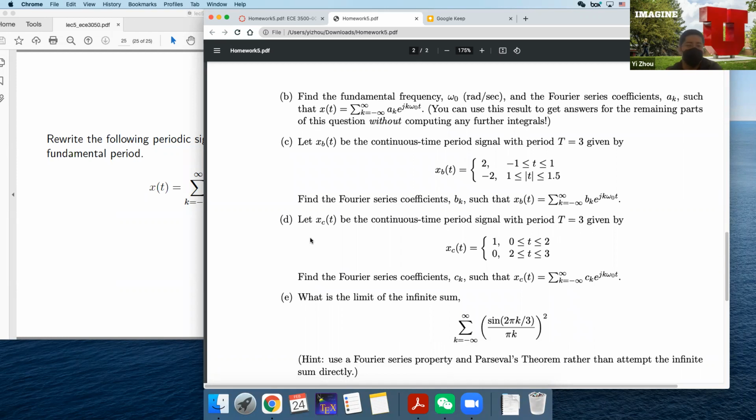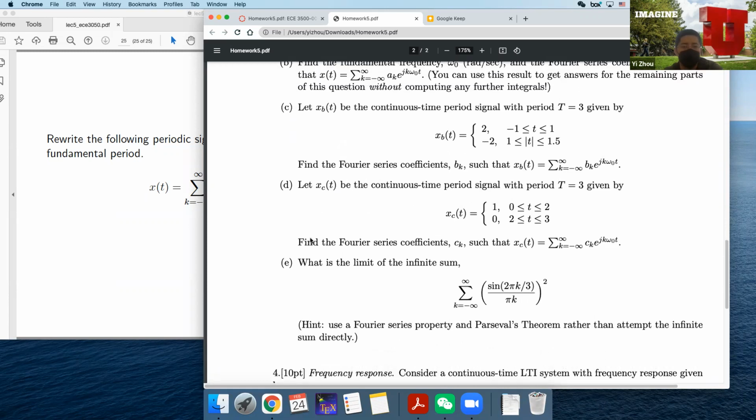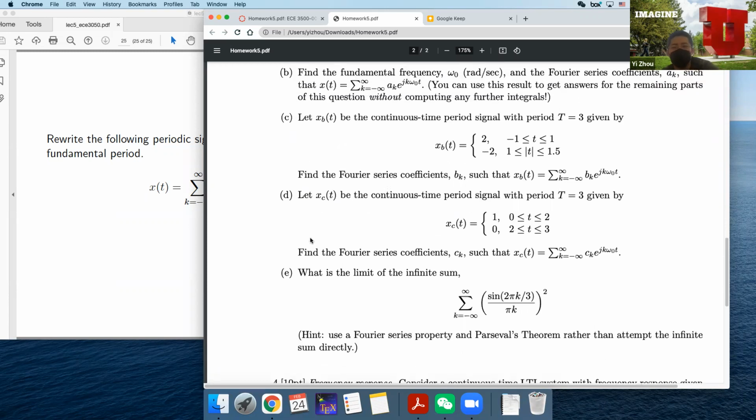Now the last one is a little bit tricky. Part E, what is the limit of the infinite sum of this signal, which looks completely disconnected from the previous problems, but it looks like a mathematical problem. The hint is to connect this series with Parseval's theorem.